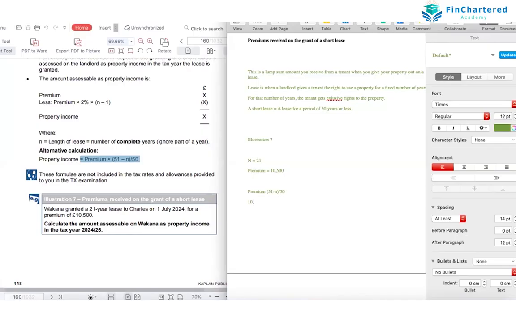So here the premium is 10,500 into (51 minus N), where N is 21 years, divided by 50. 51 minus 21 is 30.